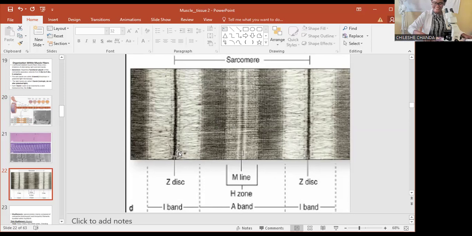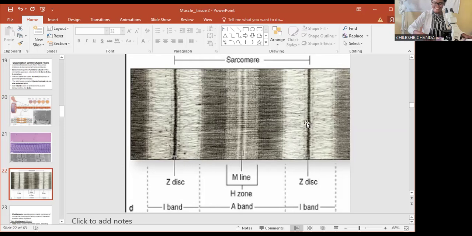The arrangement here is such that we have, like I said, two types of protein. We have actin. Those are thin filaments. Those are the ones in this light band, and they go all the way from here to somewhere in the middle of this dark area.